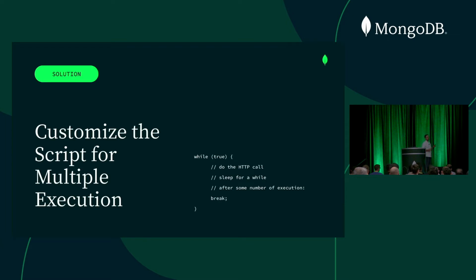It's a JavaScript code. I put a while loop, and in the while loop I made the REST API calls, get the data, and sleep for a while, because we shouldn't abuse the API providers. Otherwise, we can get banned. Therefore, I was able to keep my data in the Atlas cluster updated every few seconds, almost real time.